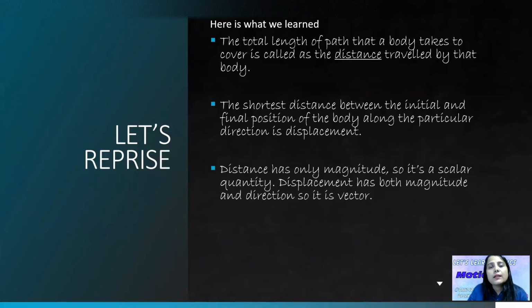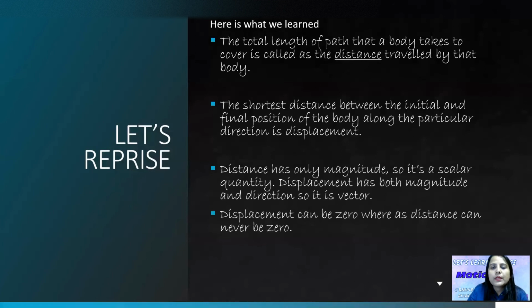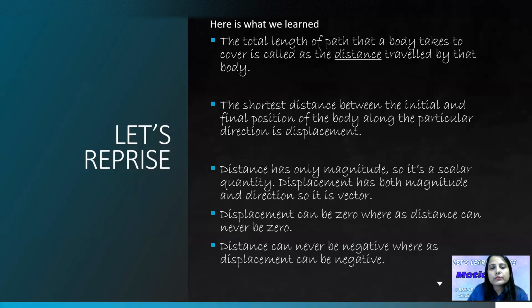Then we learned that distance has only magnitude, whereas displacement has magnitude as well as direction. So displacement is called a vector, distance is called a scalar. Displacement can be 0, whereas distance can never be 0. Distance can never be negative either, whereas displacement can be positive or negative.